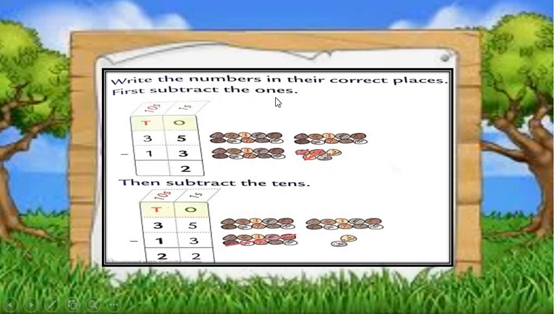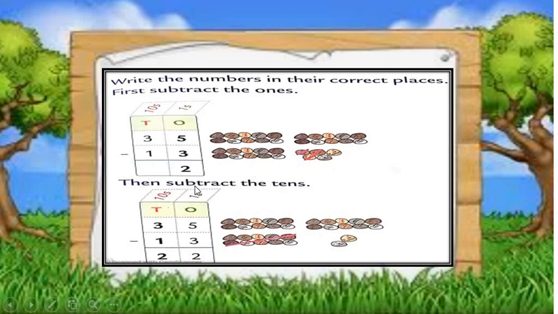First, subtract the ones. What we have to do? First, we have to subtract the ones column. There is 5 minus 3. 5 minus 3, we get 2.